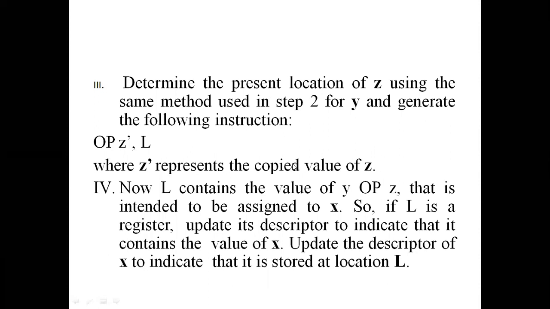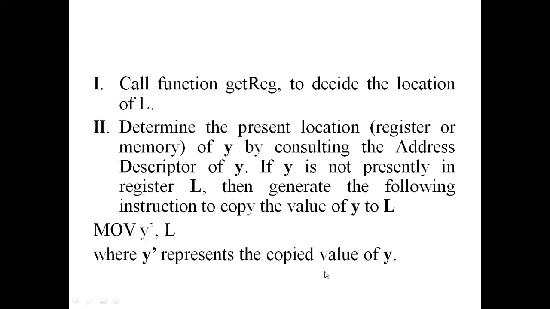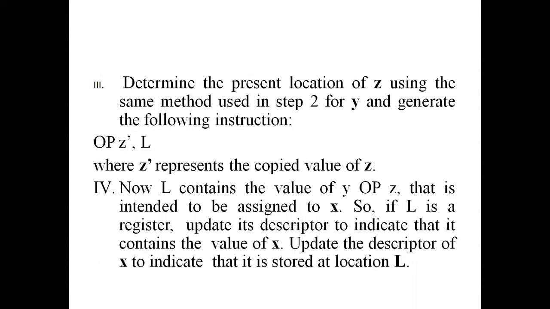Is it clear? And here what is y dash? It represents the copied value of y. As it is, z dash represents the copied value of z. And now, in the fourth action, L contains the value of y op z, right? OP is an operator here.